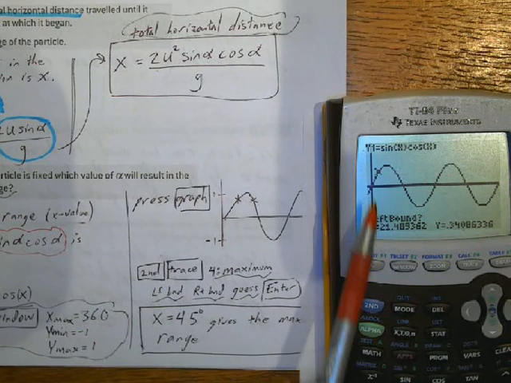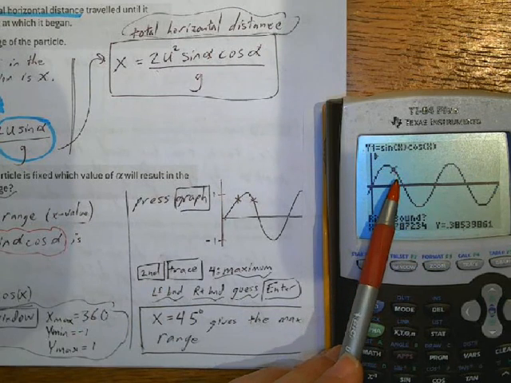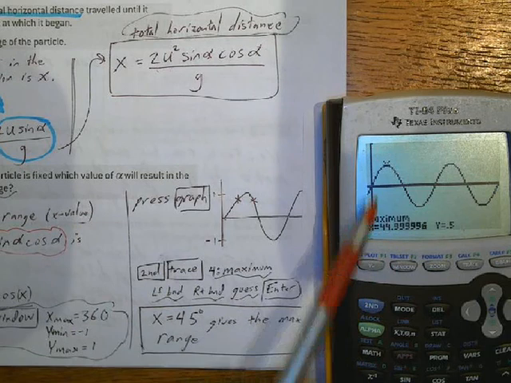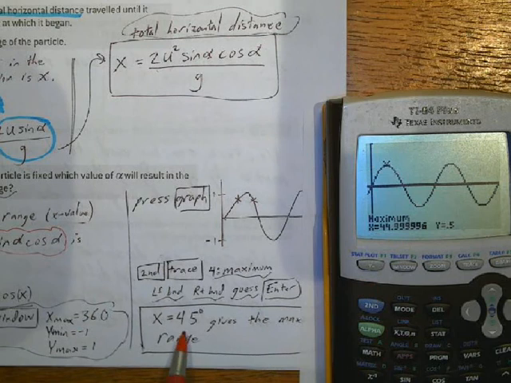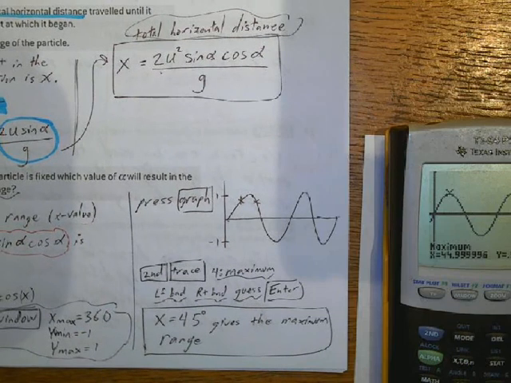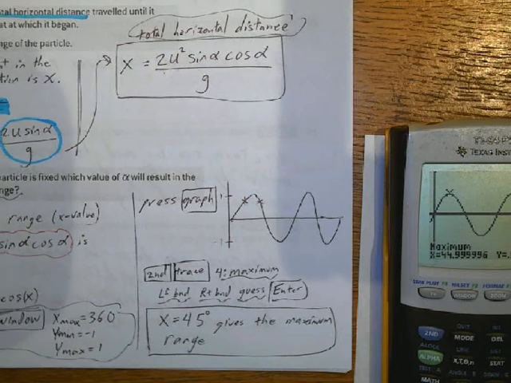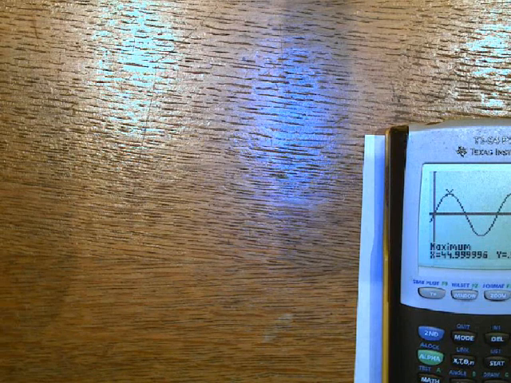Now it says right bound. I'm going to go over to the right side of the hill. I hit enter. It says guess. I hit enter. And my maximum happens at 49.99999. Let's just call that 45 degrees. So when alpha is 45 degrees, it's going to shoot us the furthest out to the right. Remember, hit pause at any time if you need to.